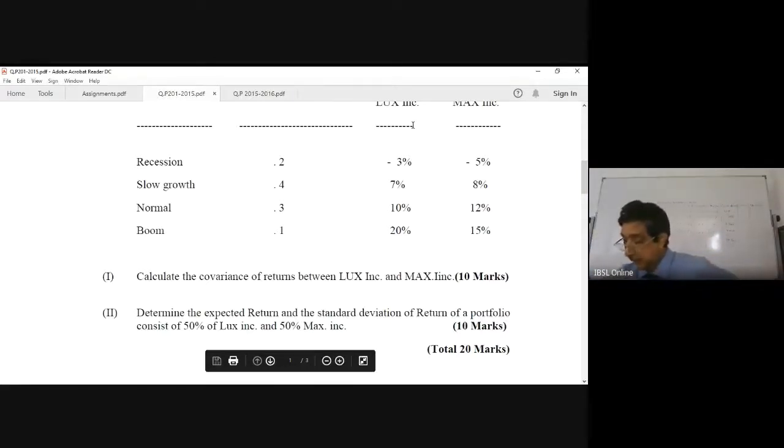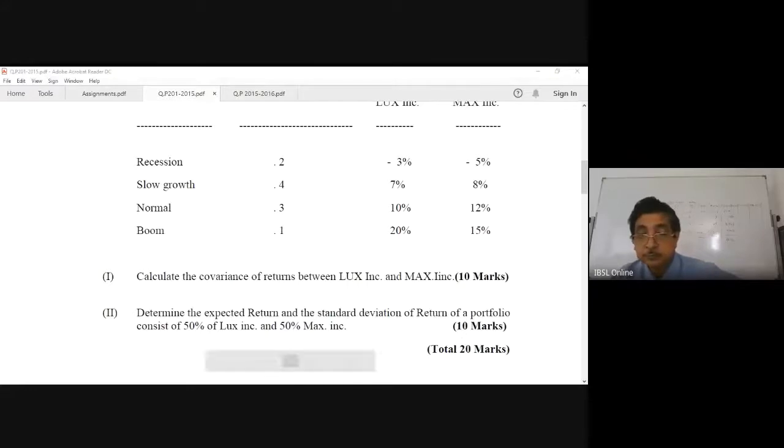You get 38.952 for the covariance. I got it as 38.95 anyway. Now I have worked it out, and you can look at the workings there.